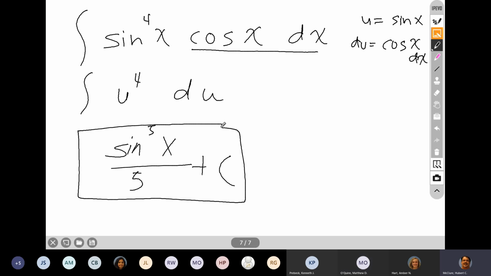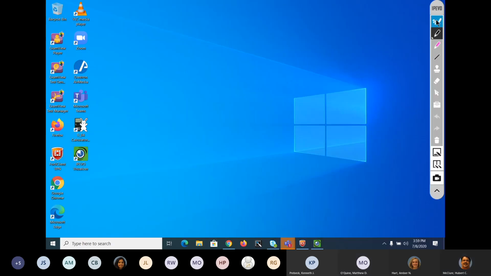Now, what do I want to cover? I want to cover definite integrals right now. And I'll probably do that on my little board here because I have a little bit more control with my board till I get used to that other board.